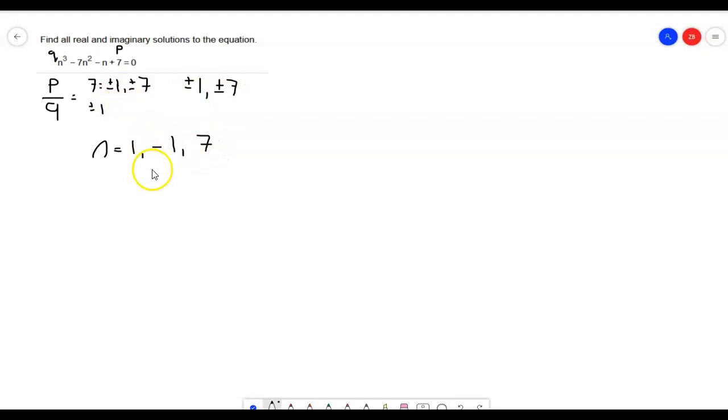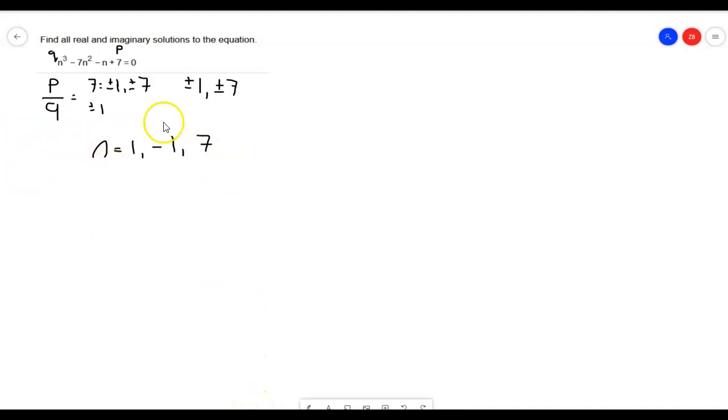So that rational root theorem did us good here, because 1 cubed minus 7 is -6, minus 1 is -7, plus 7 is in fact 0, and that was with the 1. You can check with the other two as well. All right, so that one didn't turn out so bad.